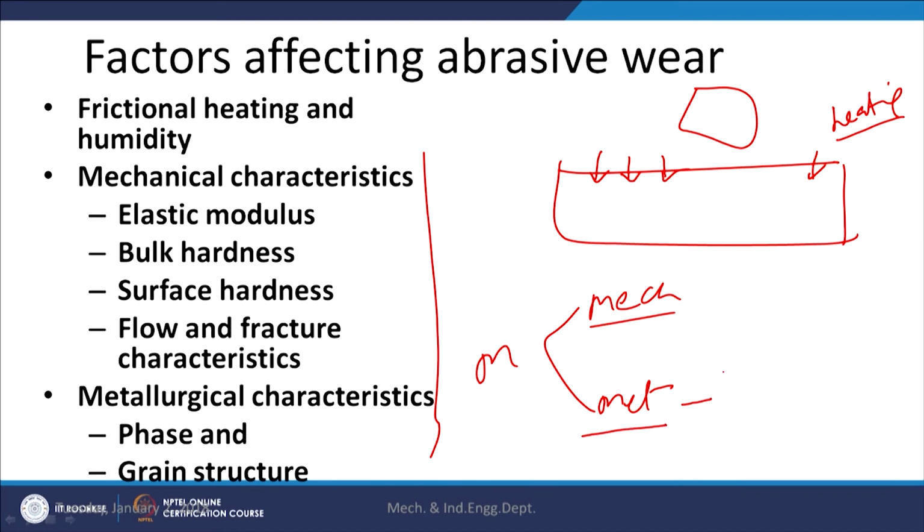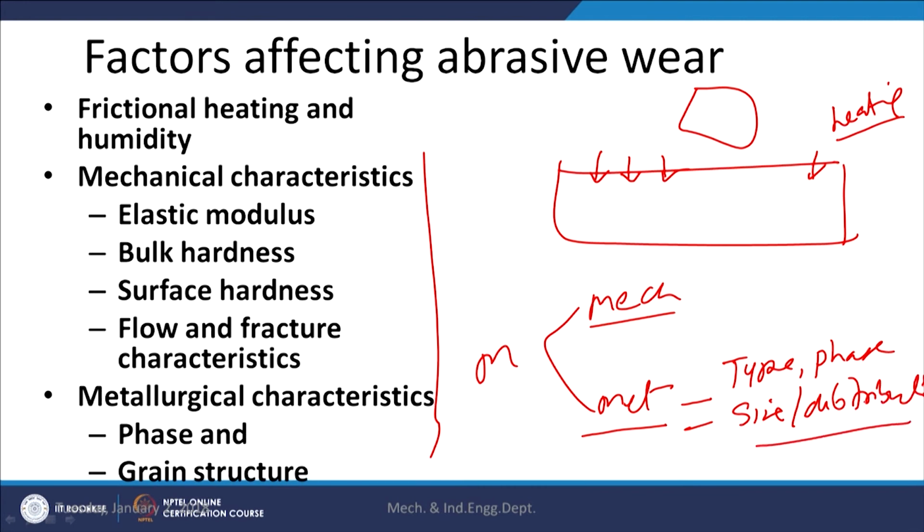In the metallurgical properties, basically what type of phases it has, whether it is a simple soft matrix or a combination of the soft matrix and hard particles like carbides, borides and oxides. So, basically the type of the phases or constituents which are present. The second aspect is their size and distribution: in what size these particles are present and how they are distributed.